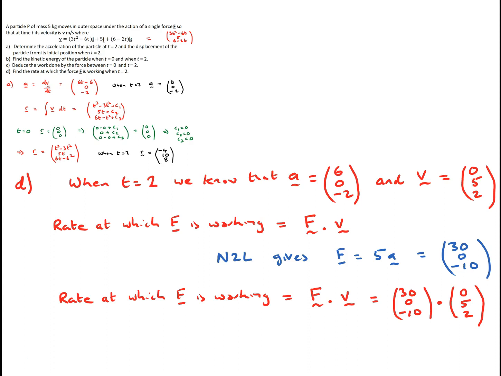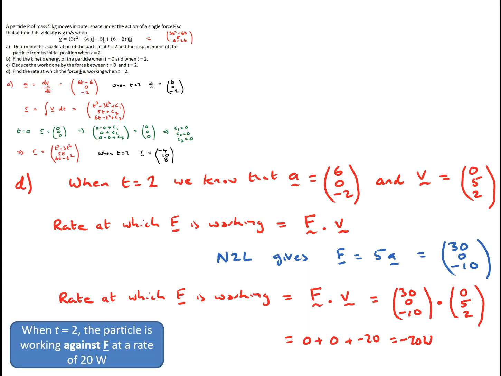Evaluating that scalar product, it gives me 30 times 0 plus 0 times 5 plus minus 10 times 2, which just gives me minus 20. So the rate at which F is working is minus 20 watts, which means that the particle is working against F at a rate of 20 watts.